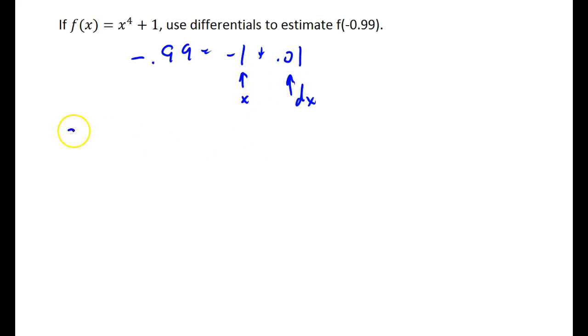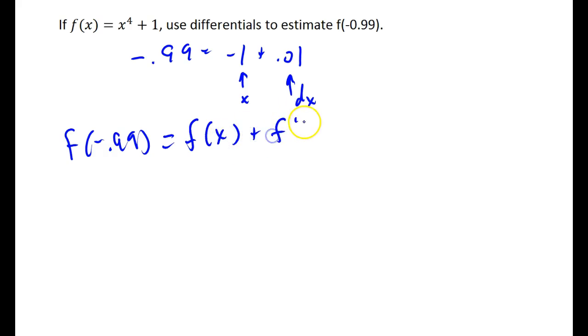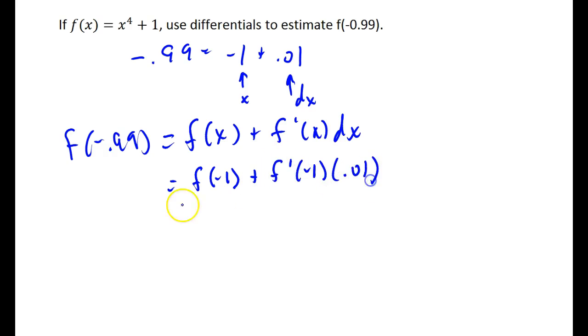So f of negative 0.99 is going to equal f of x plus f prime of x dx. That's going to be f of negative 1 plus f prime of negative 1 times 0.01.